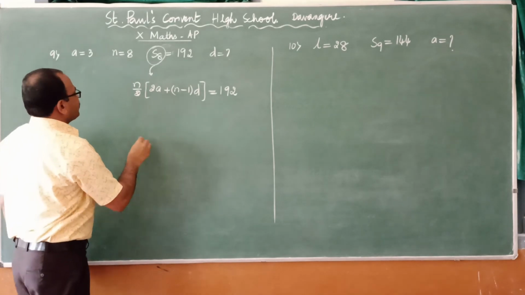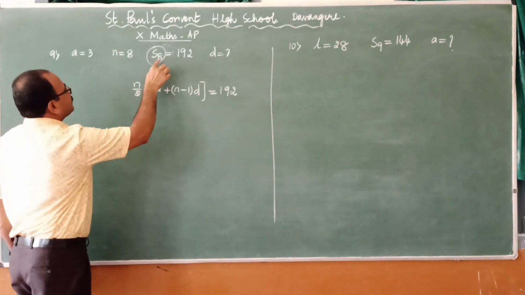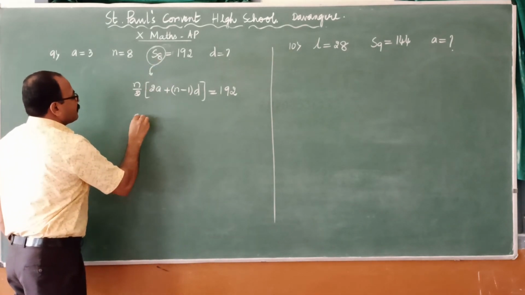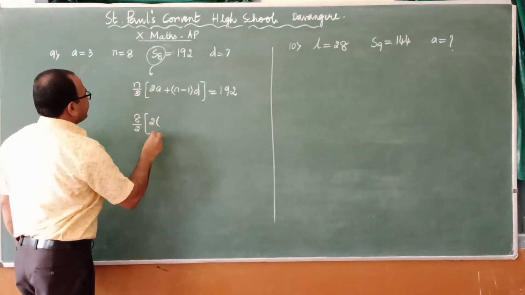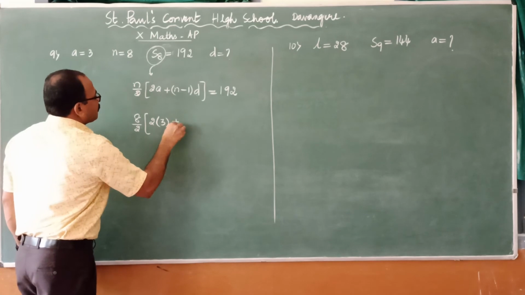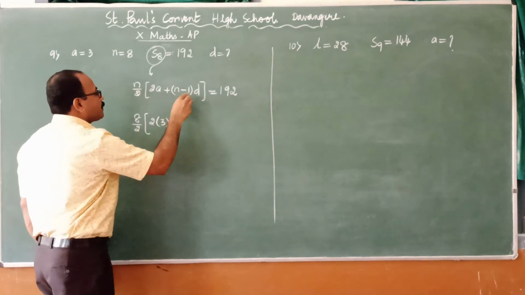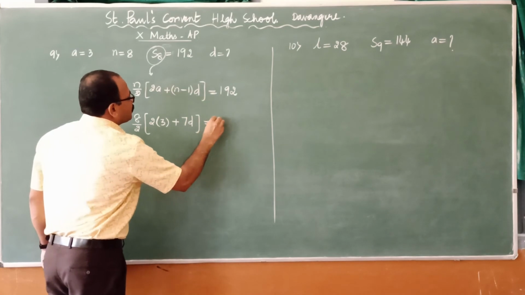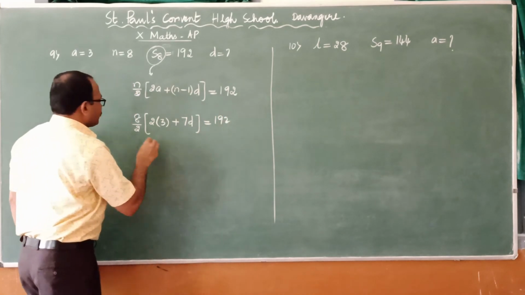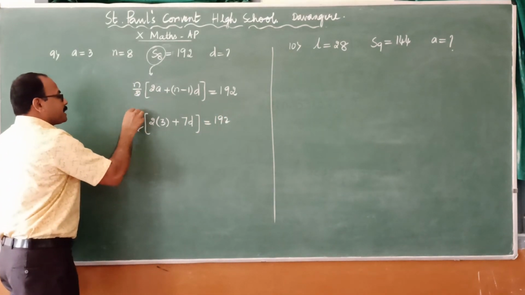Next, substitution. n is 8, children. 8 by 2 into (2 into a, which is 3, plus n minus 1, which is 8 minus 1 becomes 7) 7d will be equal to 192. On simplification, this becomes 4.